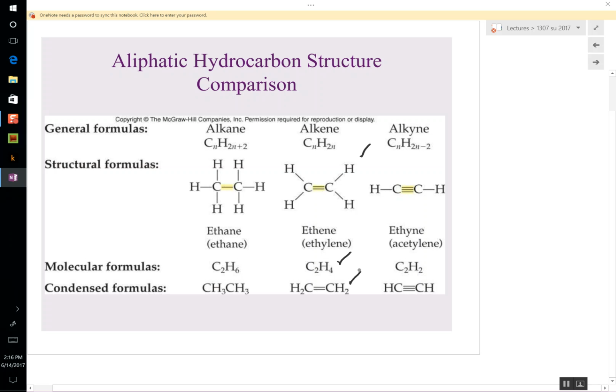When we write a condensed formula, we will put in the double bonds like that. With an alkane, we didn't put any bonds in there, but we will actually slip the double bond into a condensed formula. I don't know how you do that on Word. You could put an equal sign, but I don't know how you get the triple bond. Anybody know how to get that kind of 3 lines in a row? I must have never typed an alkyne.